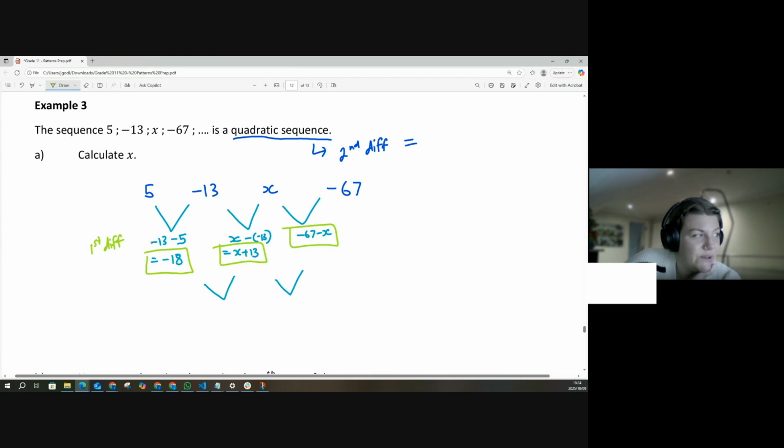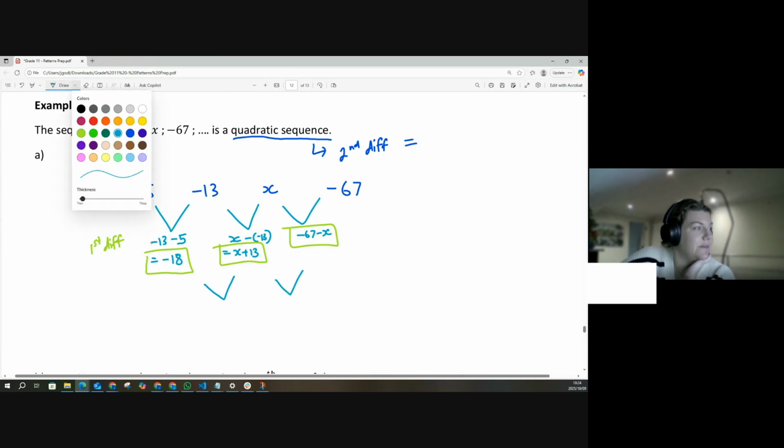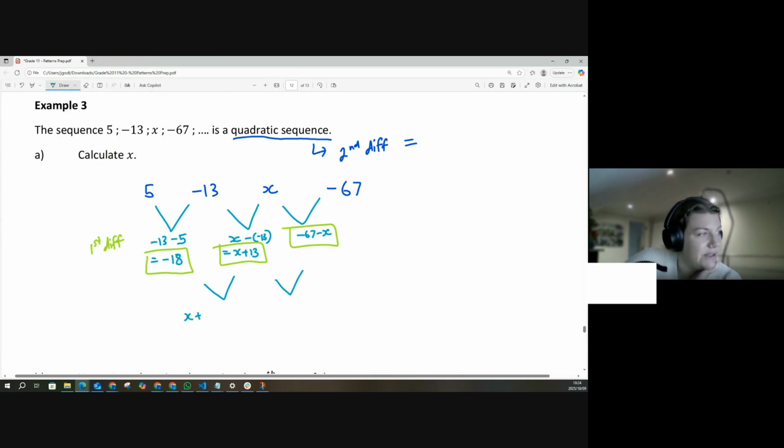So then we're just doing our next level from here. So we're saying x plus 13 minus negative 18. So that's going to be x plus 31. And this one is going to be negative 67 minus x plus 13. So we need to take that negative sign in.